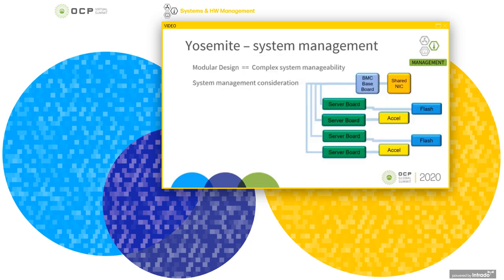So let's start with the system management. After 2 years of Yosemite design, we're always mindful of the system management complexity for this modular, flexible design that we are creating. When we say system management consideration, we consider design for the following: firmware upgrade, telemetry, failure detection.